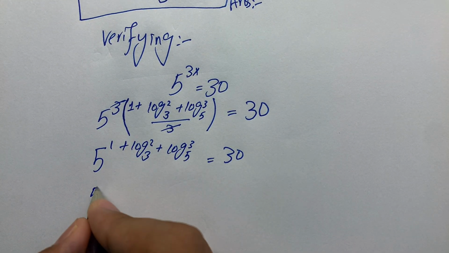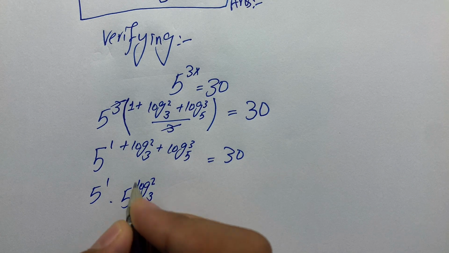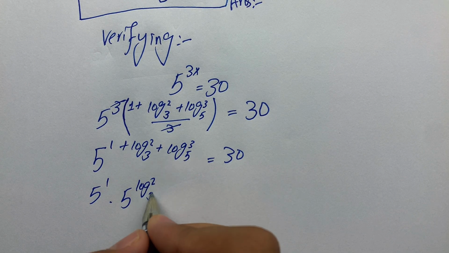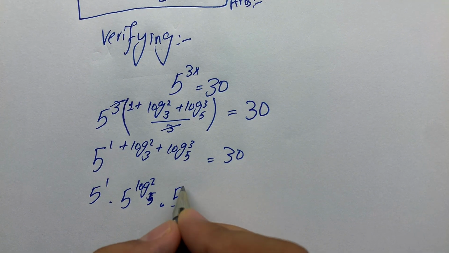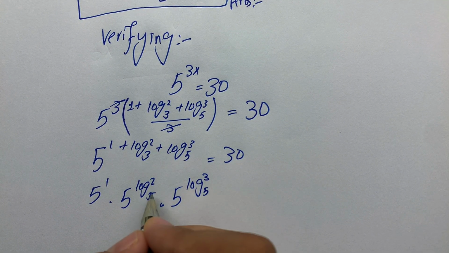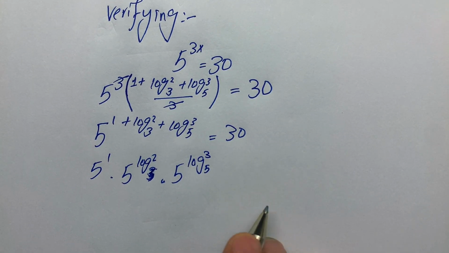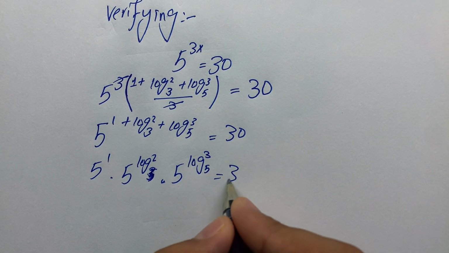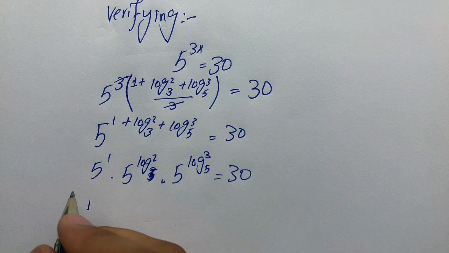In the next step, 5 to the power 1 times 5 to the power log of 2 base 5 times 5 to the power log of 3 base 5 is equal to 30, and this will be after using this formula.